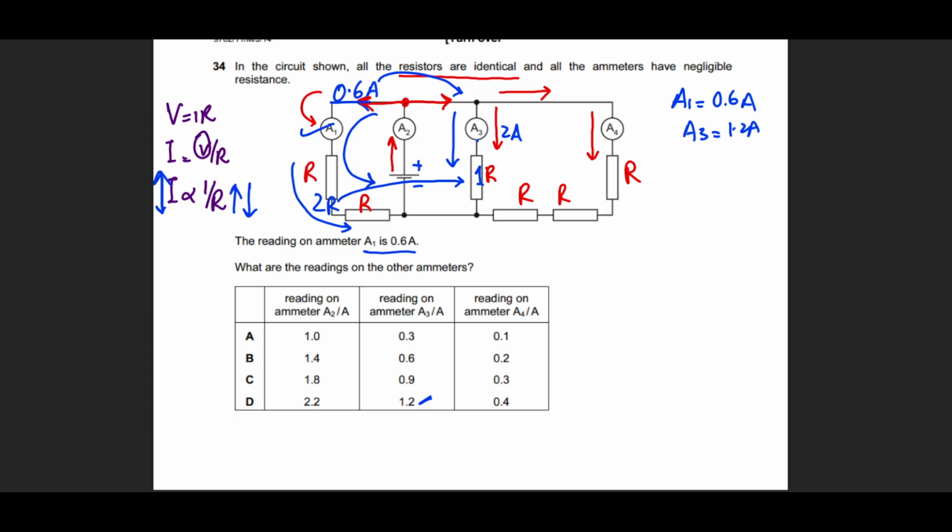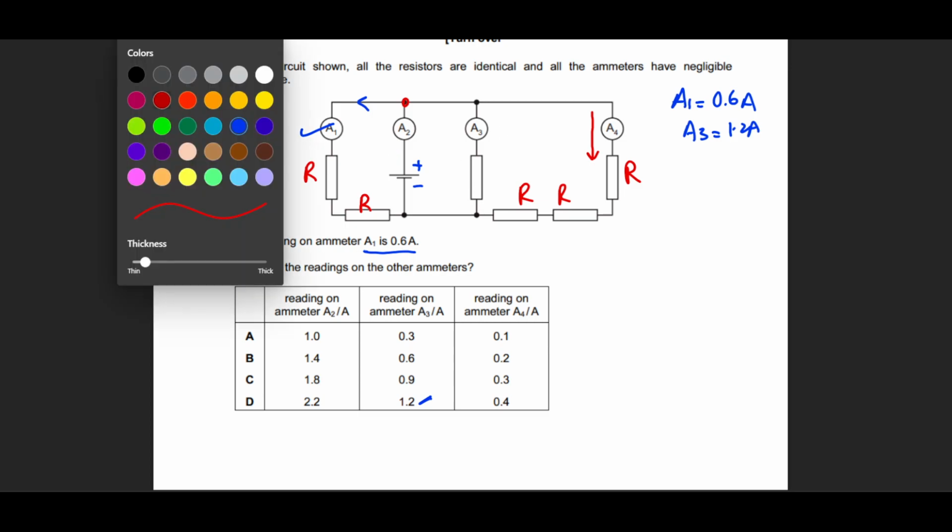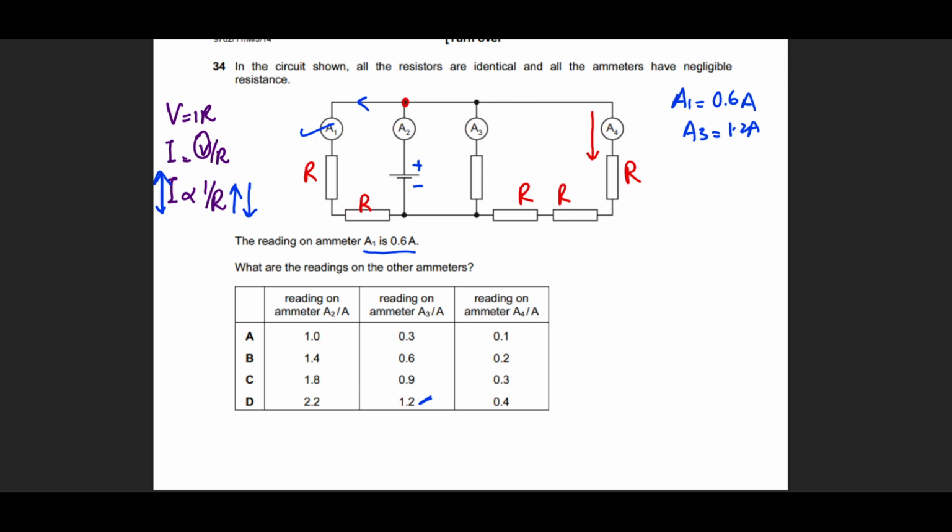We understand that this branch should have a current of 1.2 based on the ratio method that we've developed from the parallel combination. This is 0.6 amperes, and this is supposed to be 1.2 amperes, a single resistor, right? Now, this helps us to figure out the current of this branch.